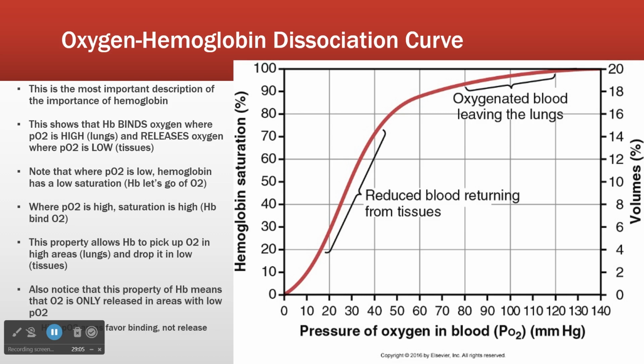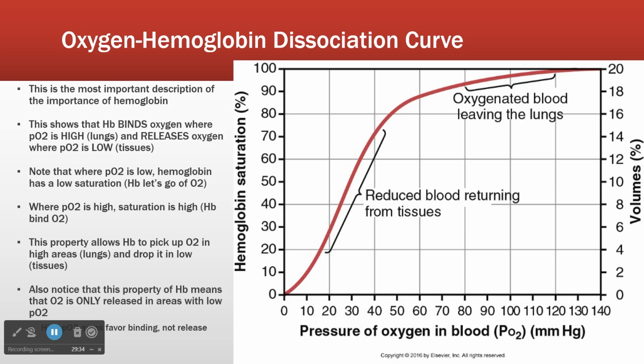So it says that hemoglobin will bind oxygen where oxygen is high, okay? So like in the lungs where the PO2 is high, the saturation is high. So if hemoglobin comes in and the PO2 around it is 40, down here, well, in the lungs the PO2 is like 100, right?